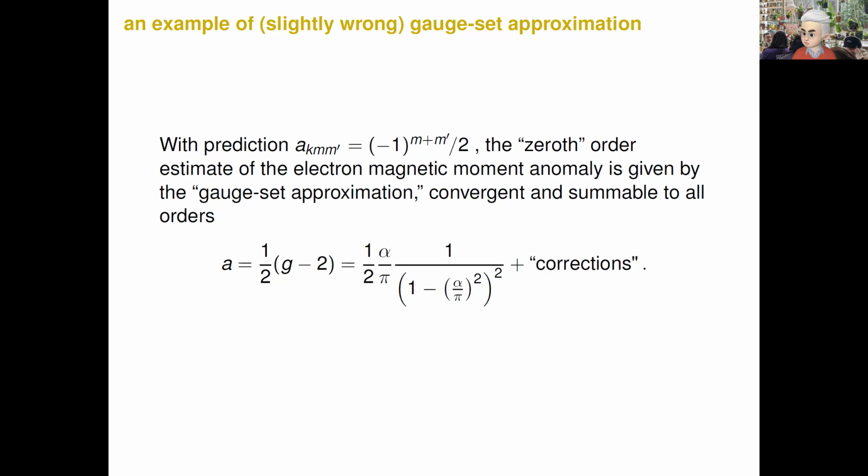And if you take my prediction seriously, you can sum up the series. It's just a power law, and you find out it's analytic. So the anomaly is an analytic function, in this case just a polynomial, or rational polynomial, of the fine structure constant. And why is that a big deal?